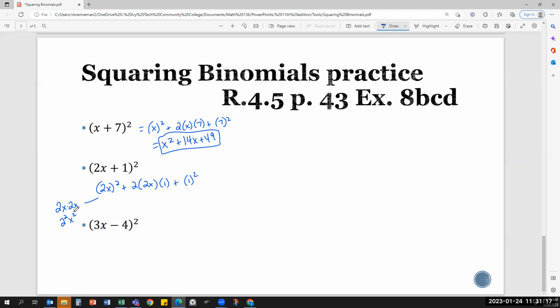Make sure that you're getting the correct square of that. It's 4x squared. It's not 2x squared or 4x or anything else. 4x squared, and then we have 4x for the 2 times 2x times 1, and then 1 squared is 1. So 4x squared plus 4x plus 1.